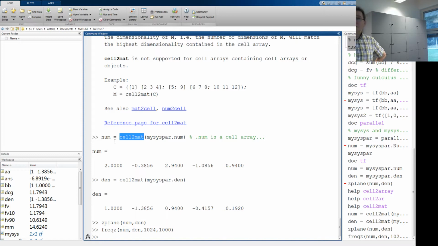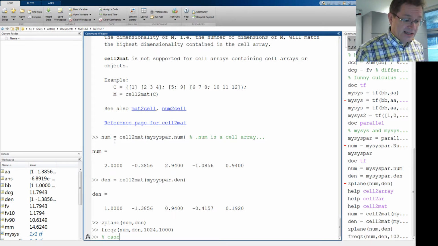Okay, but you can do the analysis of the system on these symbolic transfer functions. The same way with a cascaded system.